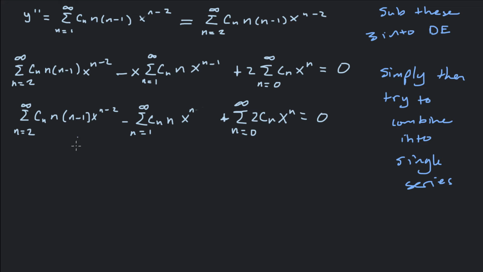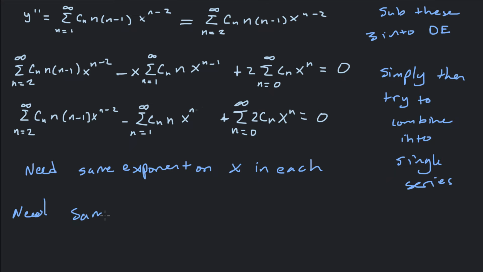So to combine into a single series, we need the same exponent on x in each series, and we need the same starting index for each series.